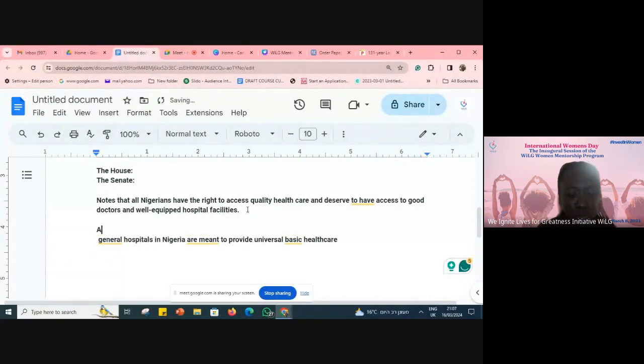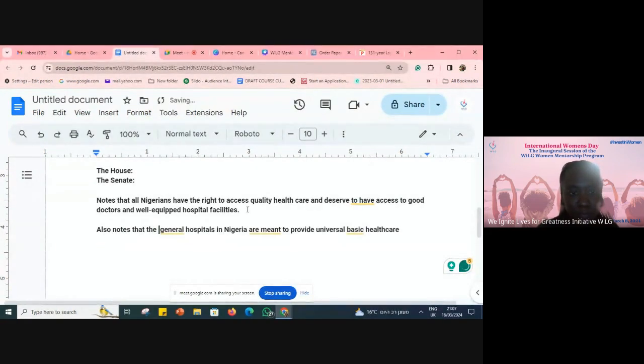So we can now put also note that the general hospitals in Nigeria are meant to provide basic health care to all Nigerians, right?